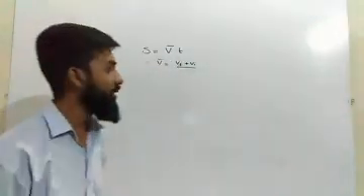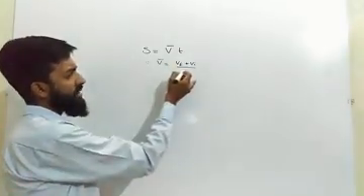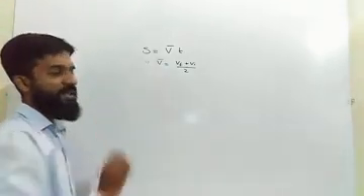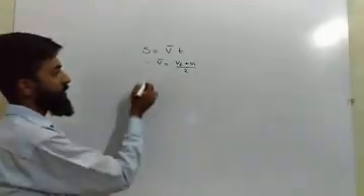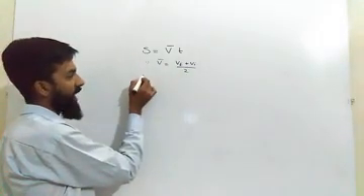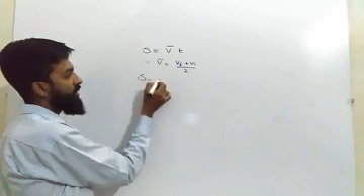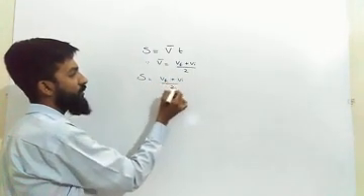When we add both velocities and divide by 2, it is known as average velocity. When we substitute this value of V bar in the above equation, we get s equals Vf plus Vi divided by 2 into t.